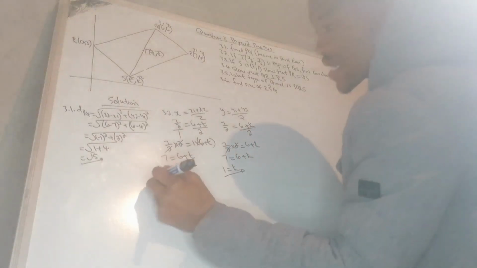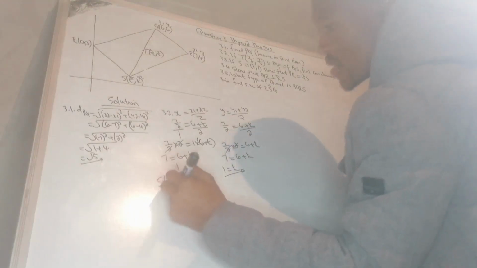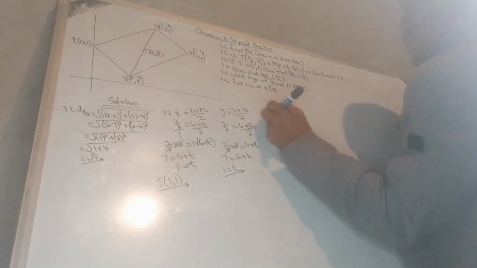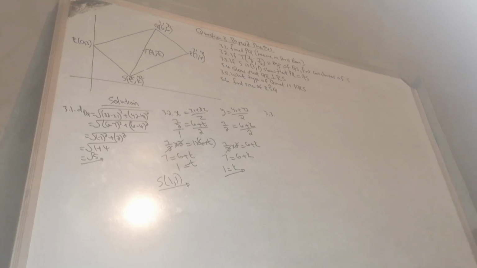So the coordinates of S are (1, 1). Now that we are fine with the coordinates of S, let's go to 3.3.